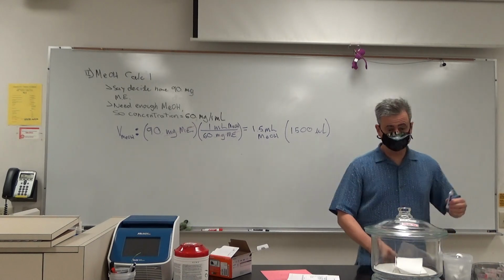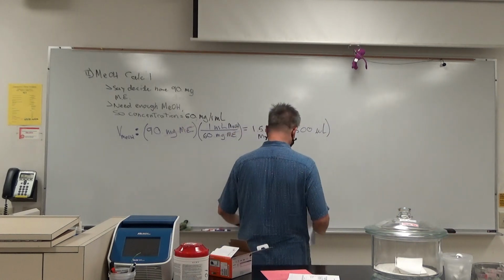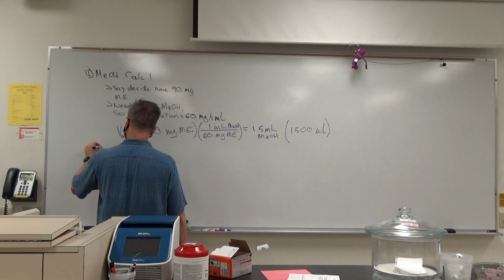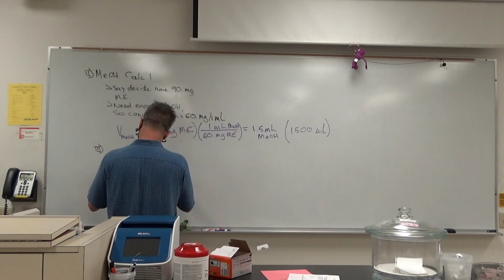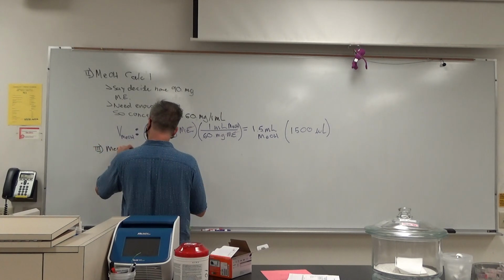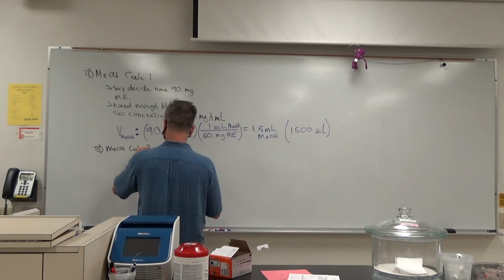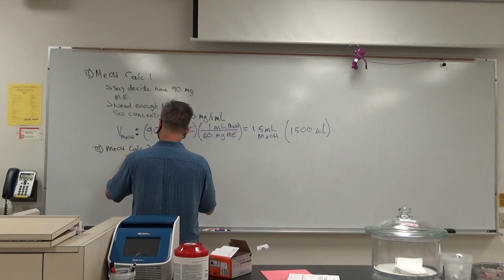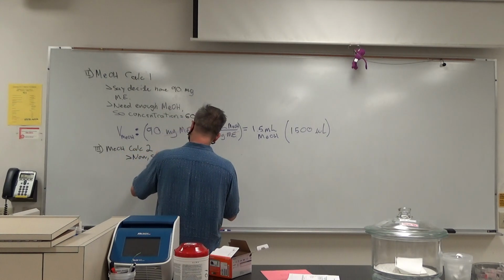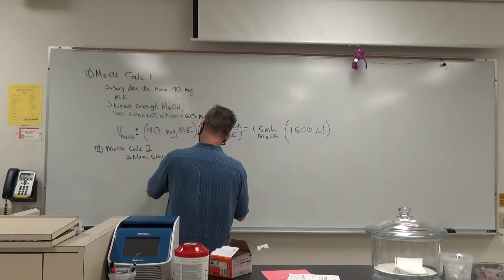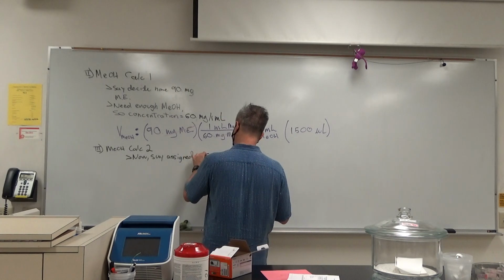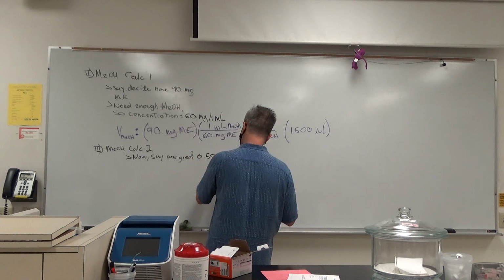All right, but then I got to know how much stuff to put in. Methanol, how to. Now, say, assign 0.500 milligrams for my traps.